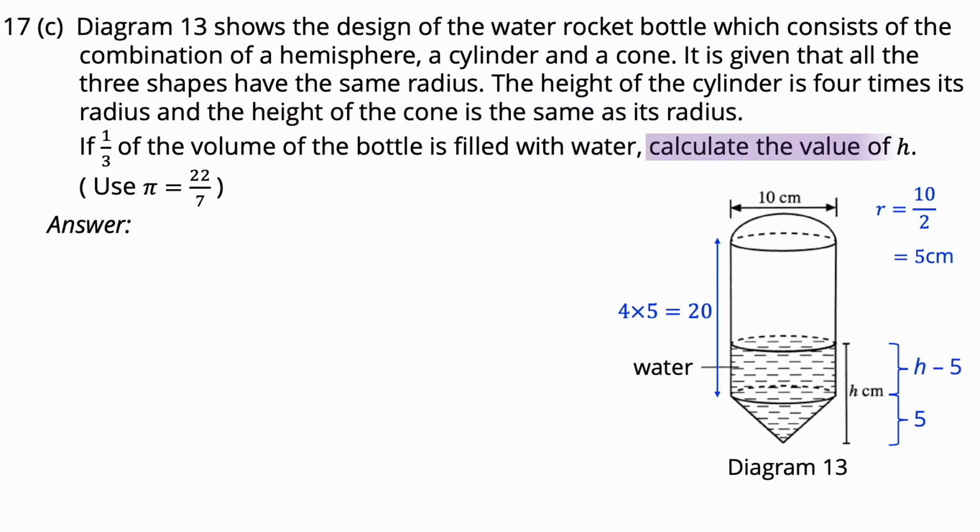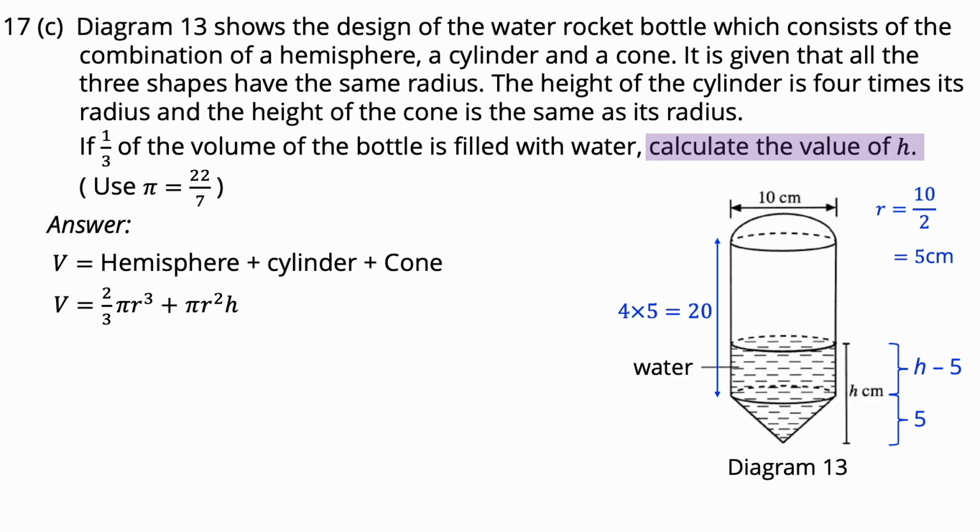Calculate the value of h. Step 1. Find the total volume of the bottle. The volume of the hemisphere is 2/3 of pi r cubed, plus the volume of the cylinder, pi r squared h, plus the volume of the cone, 1/3 of pi r squared h.